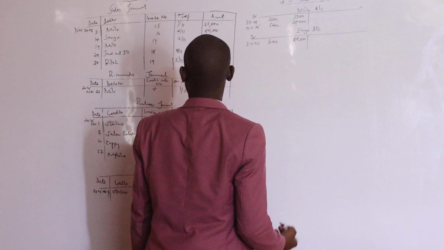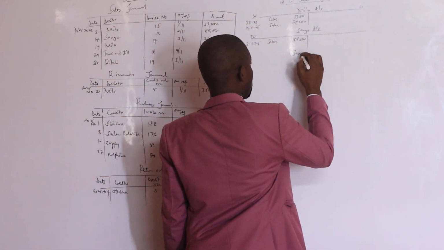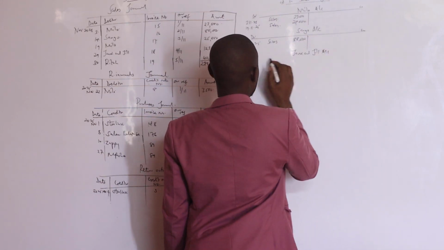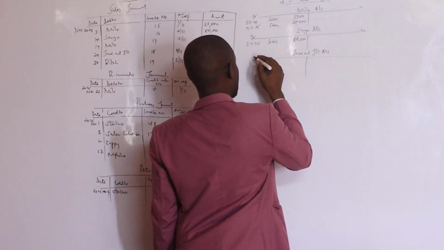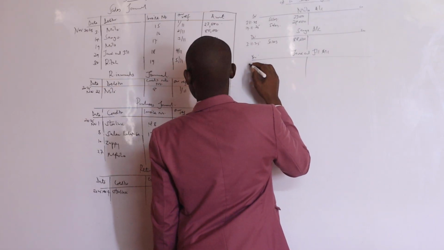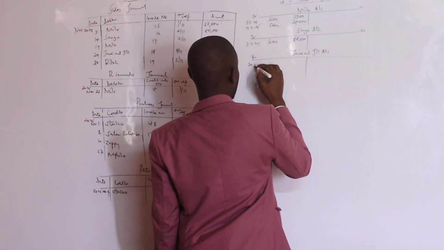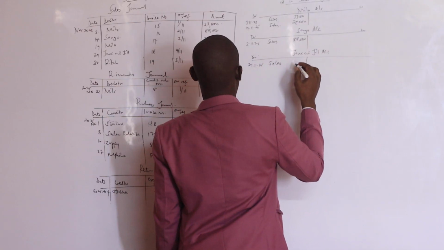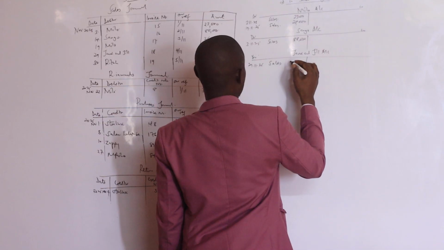Then Jack and Jill, then Rita. That's 29. That sales of 123,000.